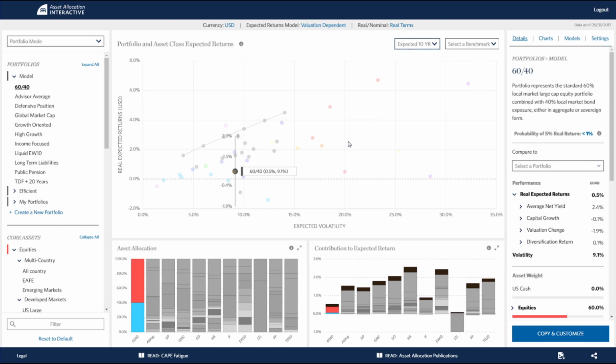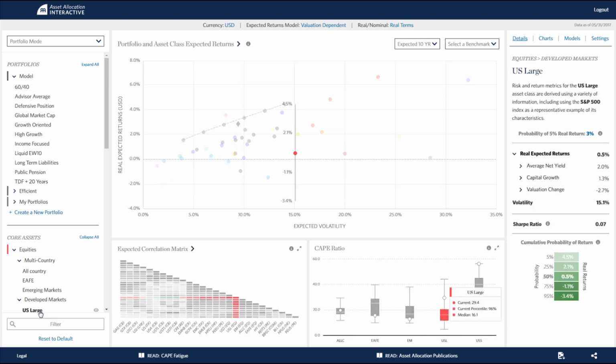But let's get a little more information on the 60-40 return. Let's take a look at the U.S. large cap. If we look at the S&P 500, we can see that we actually have an expected return of the same 50 basis points, coincidentally. That comes from three components.